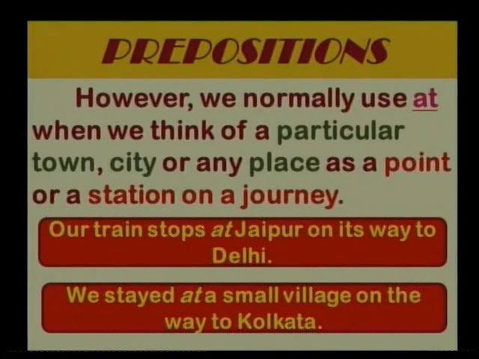We normally use at when we think of a particular town, city or any place as a point or a station on a journey. Any other place that comes in between on your journey from one place to another, whether a city or a village, is always indicated with the help of the preposition at.